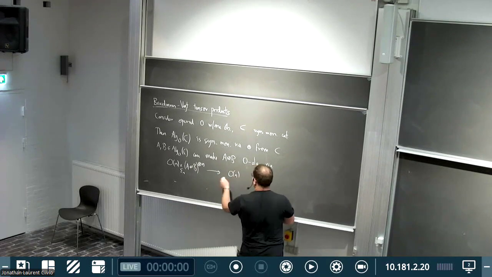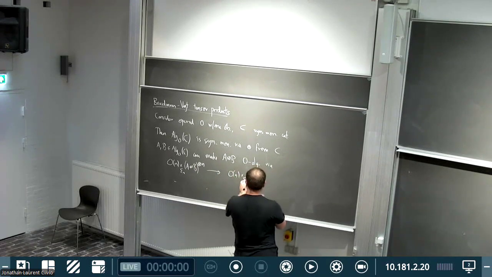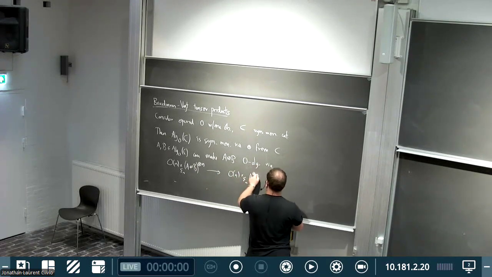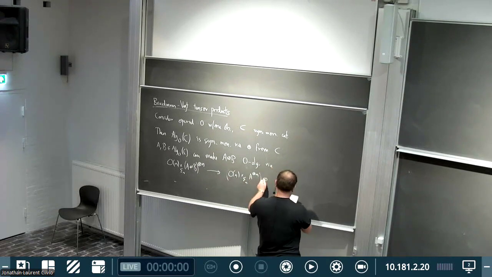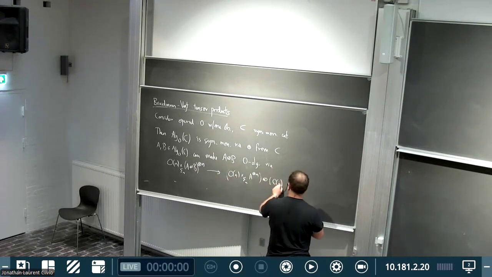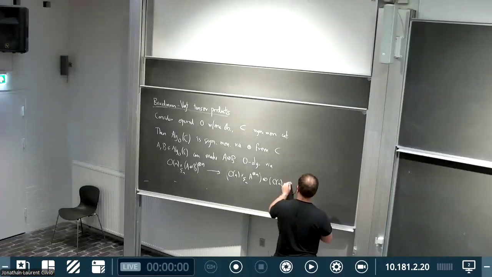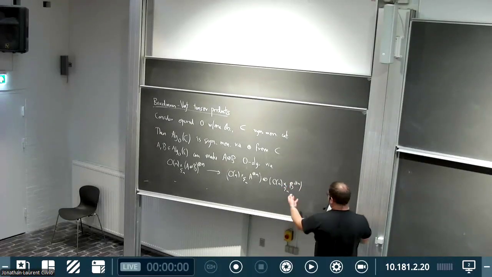I can get a map from this to the same thing. B. And then I can use an application of the algebra structures from A and B to end up in C.